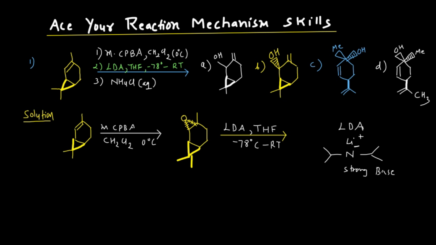Its pKa value is somewhere around 36, approximately 36. So very strong base. And if you know the function of this one, it does deprotonation, because it is a strong base. The primary function of this LDA is deprotonation.